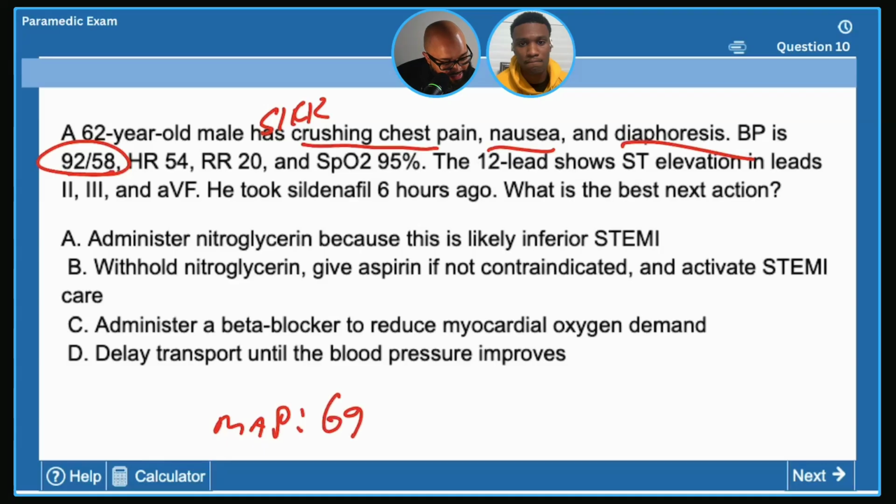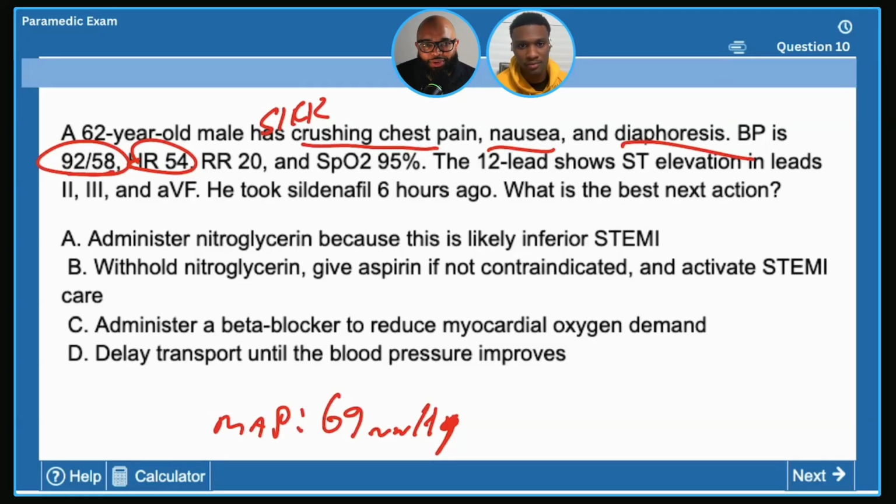Right now he's hanging on, but he's probably going to fail soon if we don't do something about it. Heart rate is 54, so he's bradycardic. Crushing chest pain, hypotensive and bradycardic.